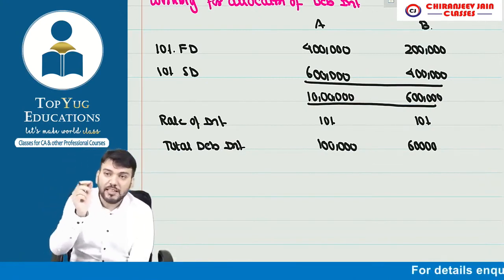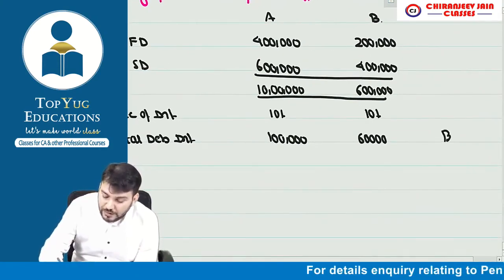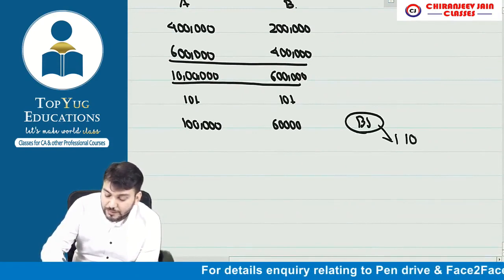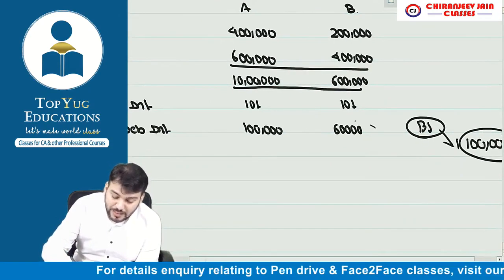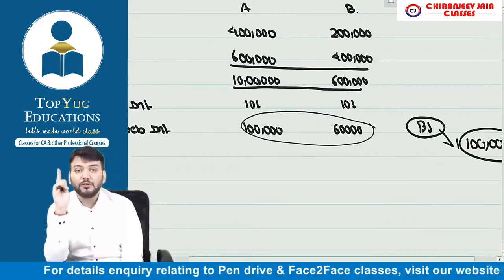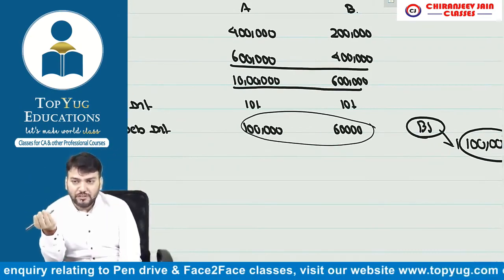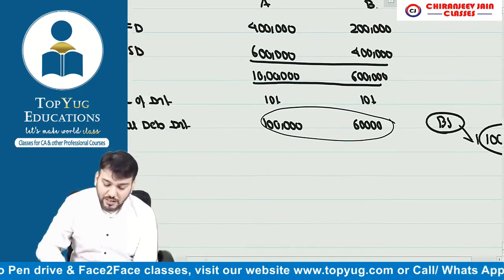But suppose in the balance sheet debenture outstanding is 1 lakh, then this 1 lakh will be allocated to A and B in this ratio. Do you understand? Then we allocate. But here allocation is not needed, because total debenture interest is 1,60,000 and outstanding is also 1,60,000.